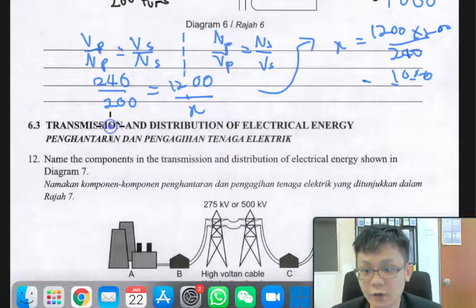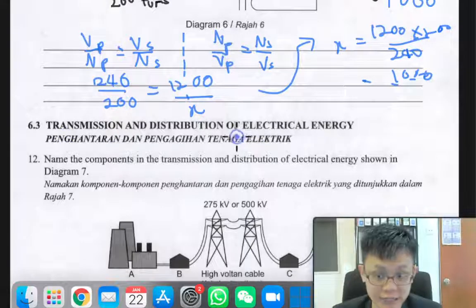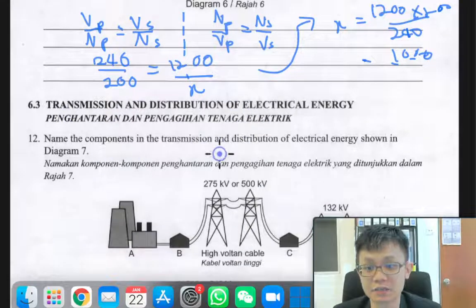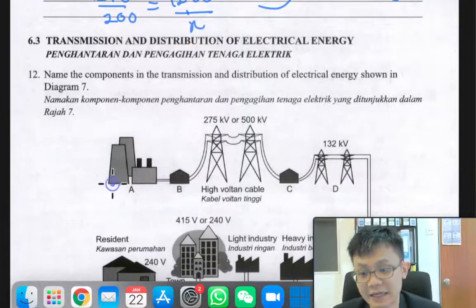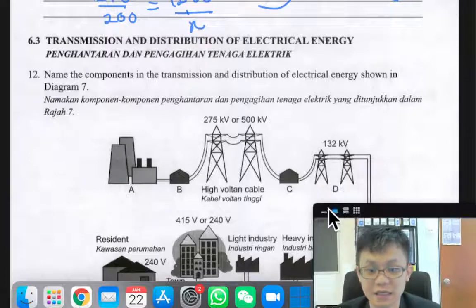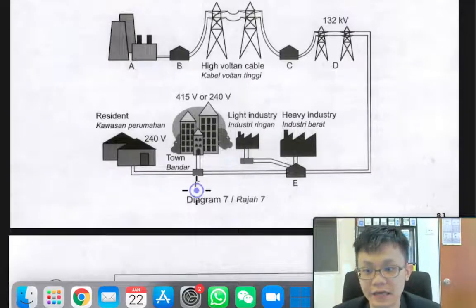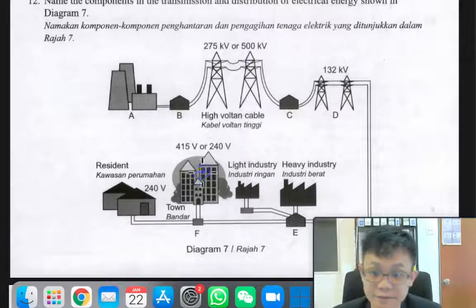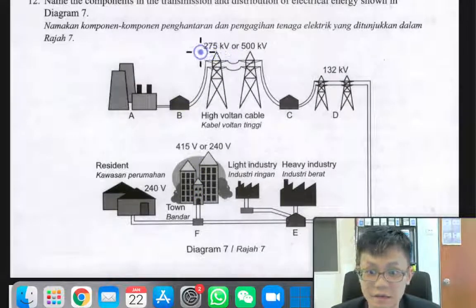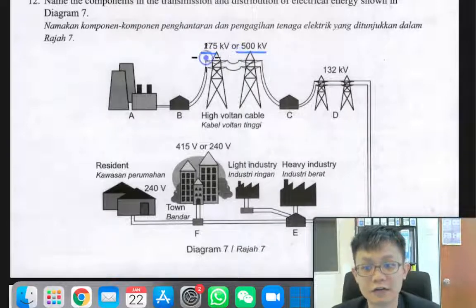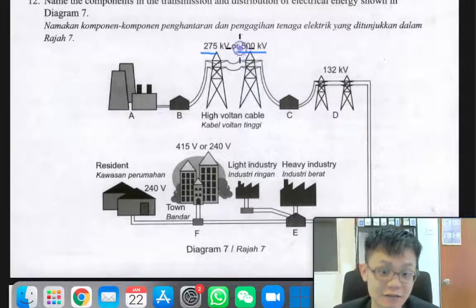Okay, the following question: transmission and distribution of electrical energy. Name the components of the transmission and distribution of electrical energy as shown in diagram 7. There's A, B, C, D, E, F. We can see that they step up the electricity to 275 to 500 kilovolts. Kilo means 1000.